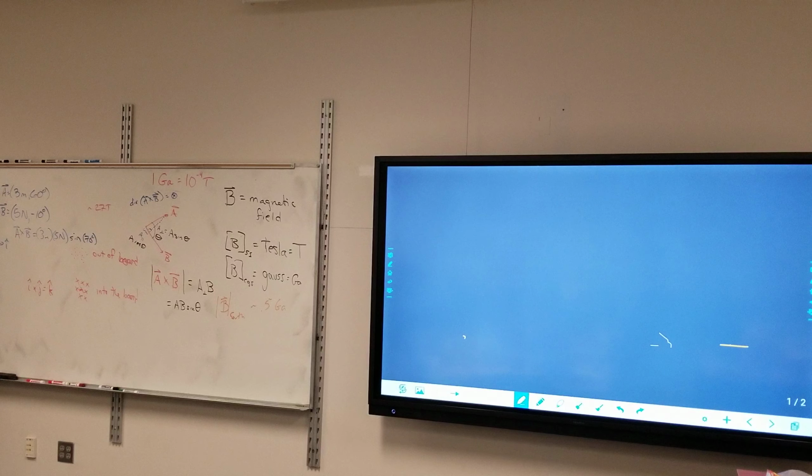And the direction, well, if I'm considering this is in the IJ plane, A is pointing in that direction, B is pointing in that direction. That's A and B. A cross B is into the board, so negative K hat. And if someone would be kind enough to actually multiply that out.